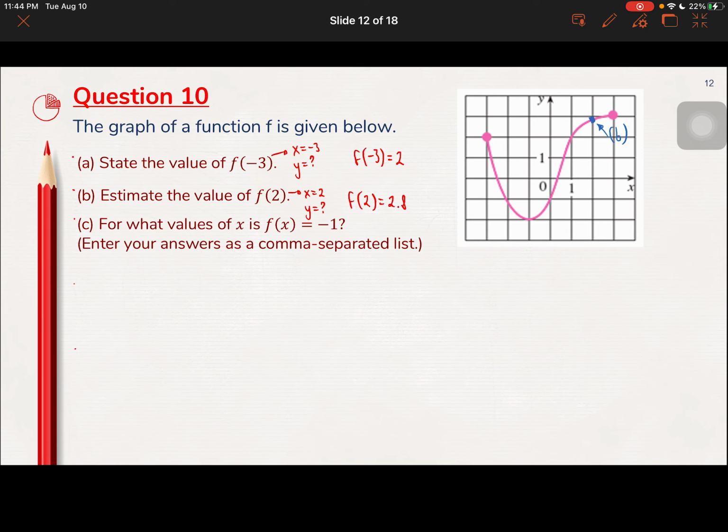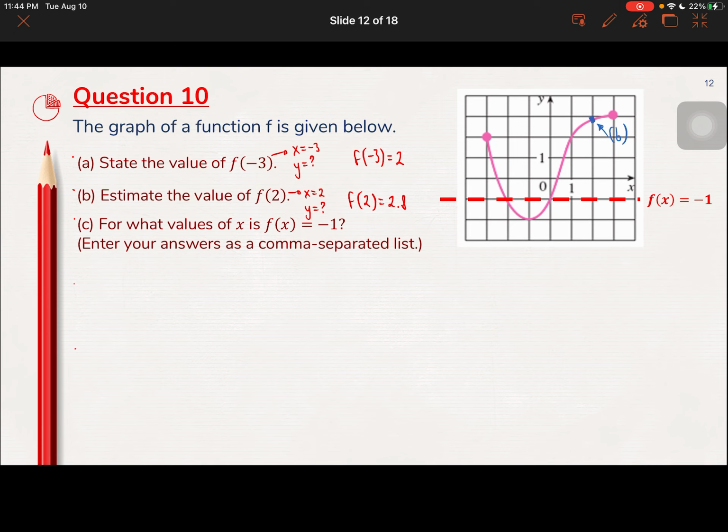Now let's see for what values of x is the function -1. Enter your answers as a comma separated list. Okay, the thing that you can do here is that you can represent this as a horizontal line with a value of -1, and here we have it.